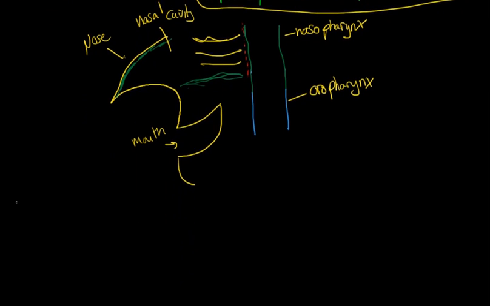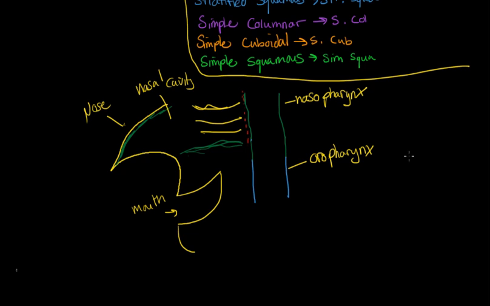As we keep going, I'll scroll this down and we'll draw a red line here. These red lines are just going to show separations of the respiratory anatomy. The next part is the laryngopharynx, and that's also going to be stratified squamous, because I might have stopped that a little high, we still have food passing through here.